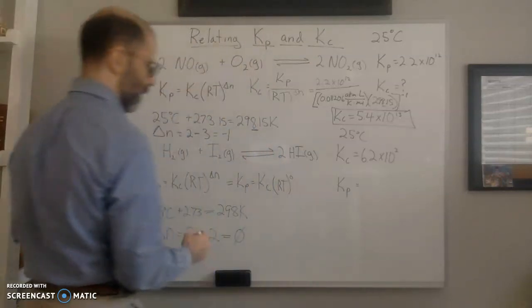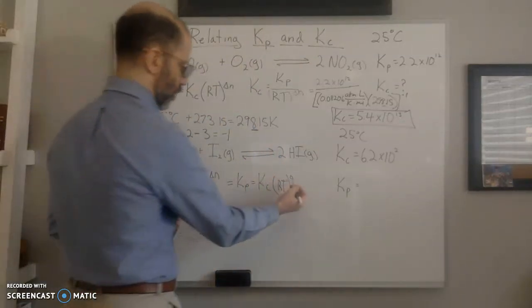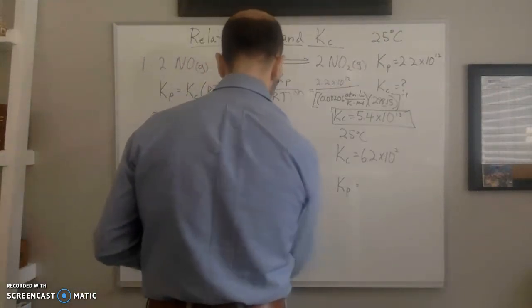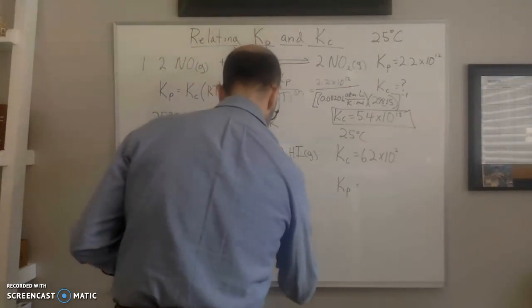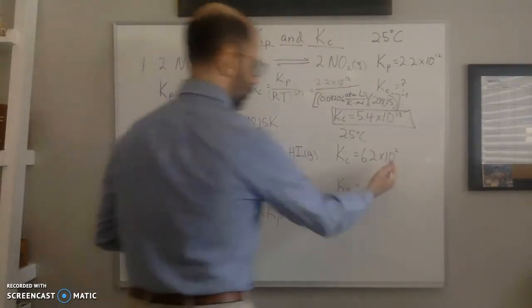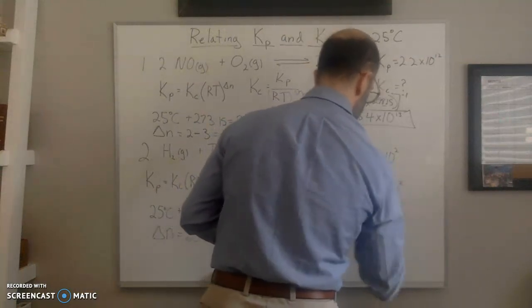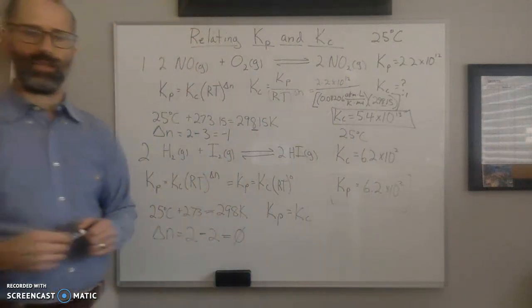RT to the 0 power, anything raised to the 0 power is 1. So this is all 1. So Kp is equal to Kc. So it's the exact same number, 6.2 times 10 to the 2. So that is the answer.